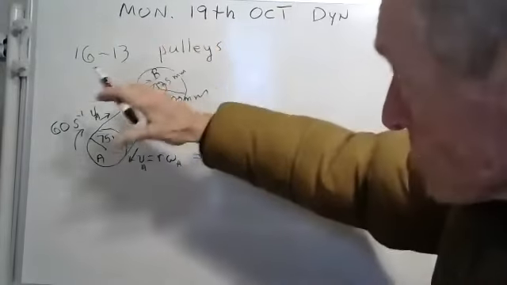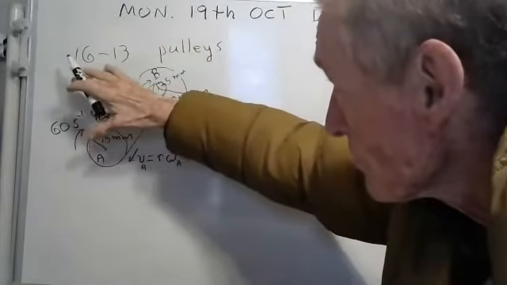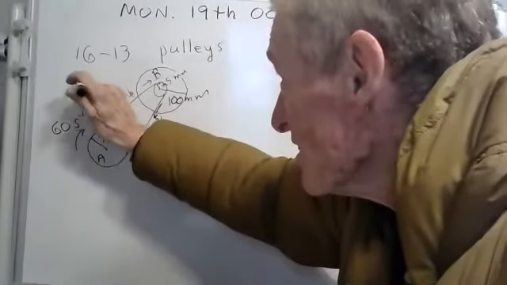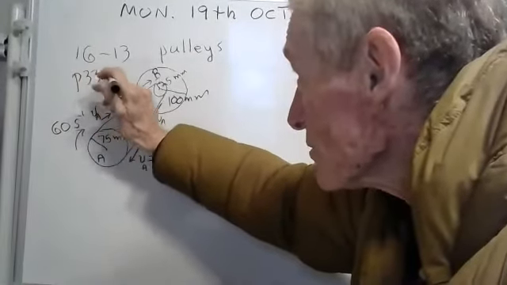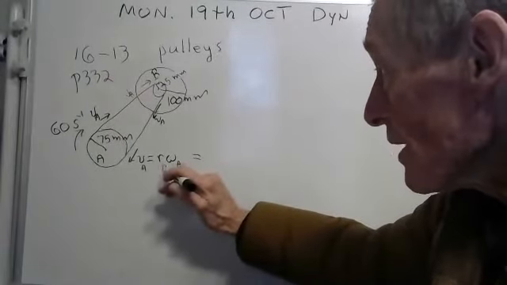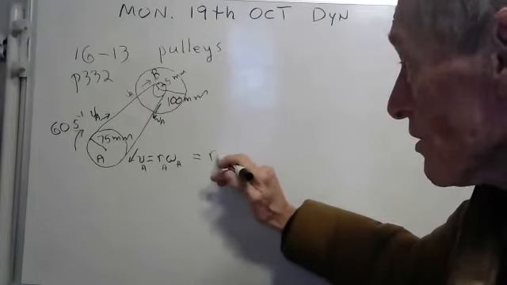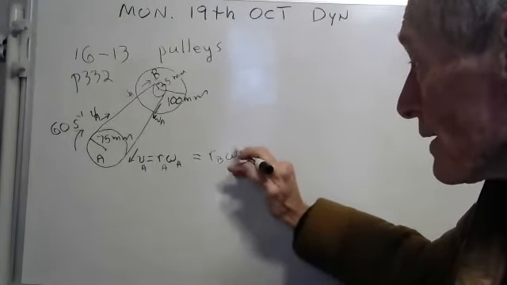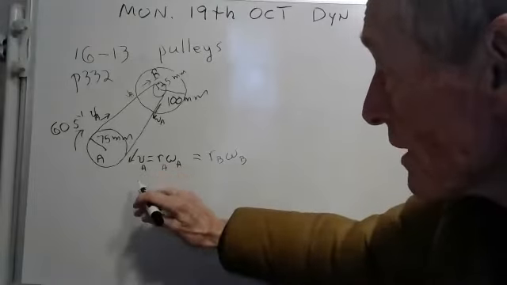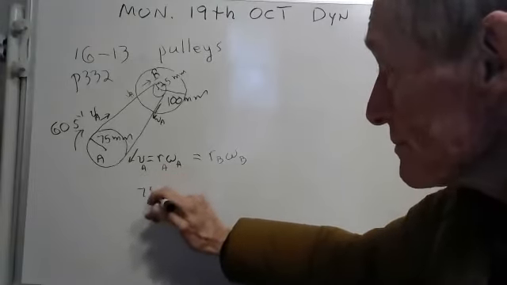For those of you that just tuned in, we're doing problem 1613. It's on page 332. But see, this can be written, see, that's RA. This can be written as RB omega B. Okay, let's put our numbers in. That's 75.